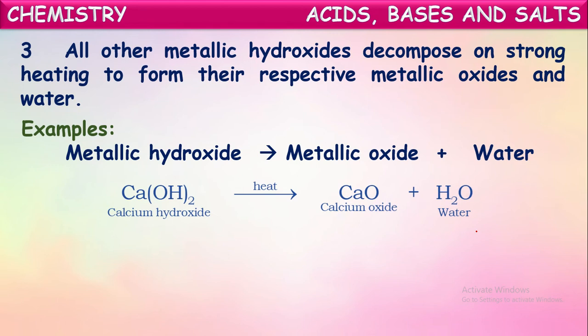For example, calcium hydroxide on strong heating decomposes to form calcium oxide and water. We generally call calcium hydroxide lime water or slaked lime. On strong heating, it forms calcium oxide, which is also known as quick lime, and water.